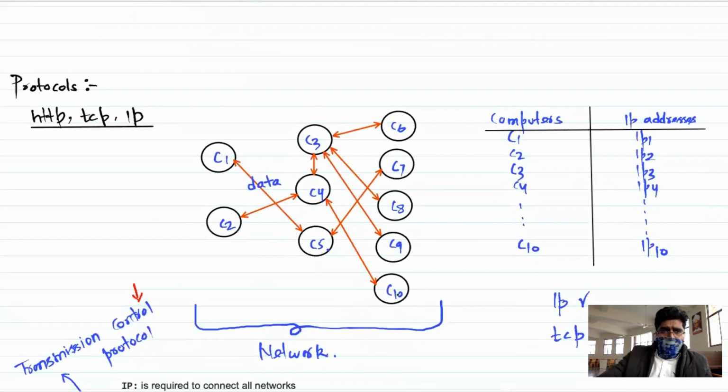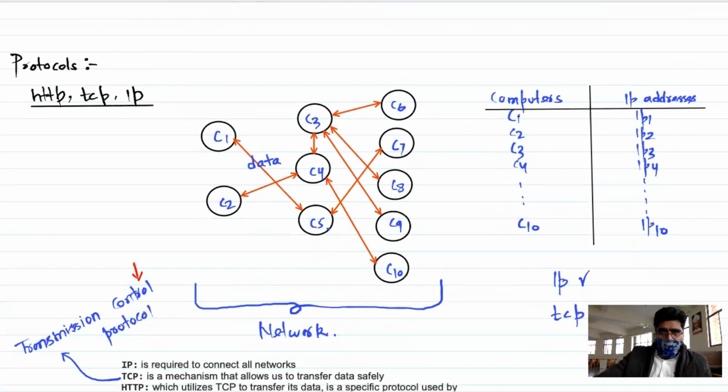So we have 10 machines. Some of these are computers, some of these are servers, and some of these are simple machines. All of these are machines. So we can say it is made out of servers and computers, or clients. The computers we have named C1, C2 till C10, and their corresponding IP addresses I have provided.